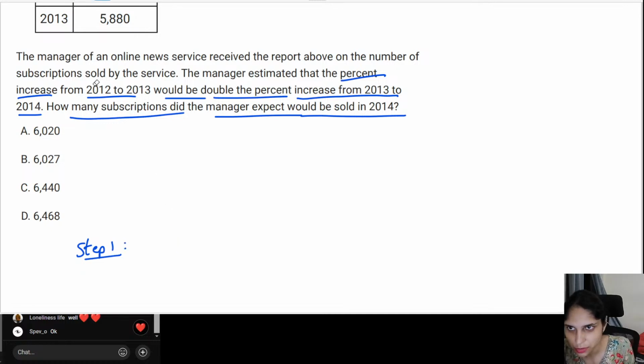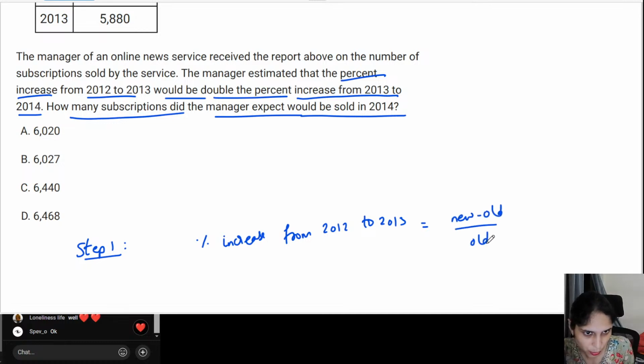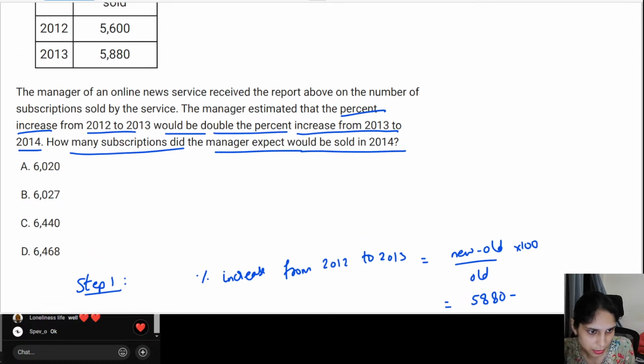So for percent, I will just write the sign of percentage. It will be new minus old divided by old times 100. That's 5880 minus, I think, 5600. Yeah.